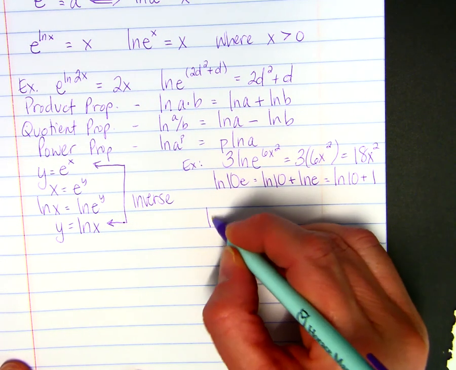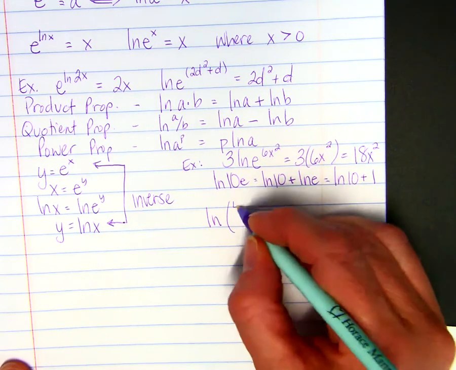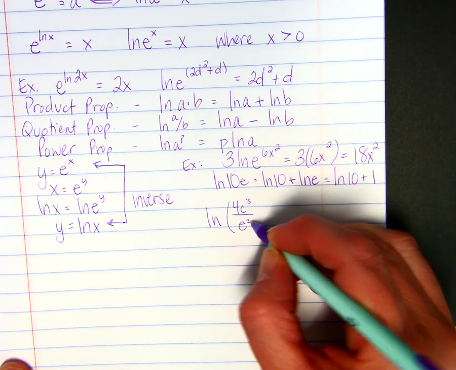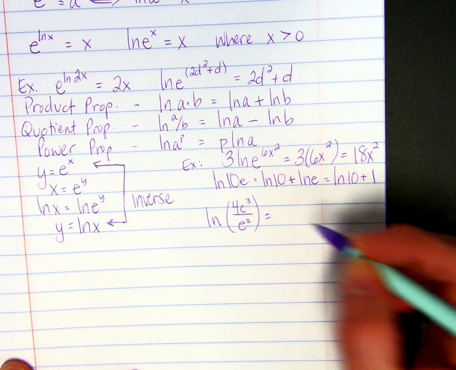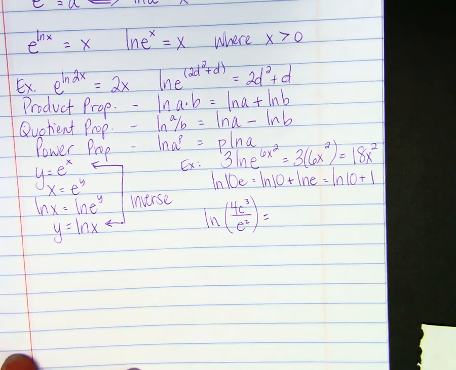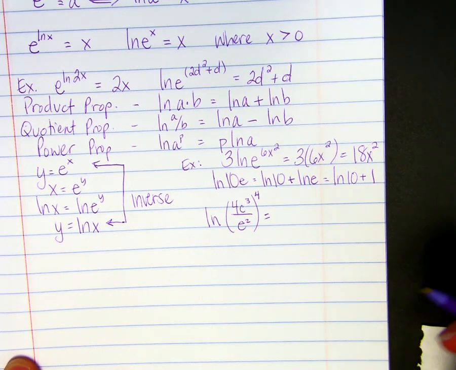Then if we have a quotient, natural log of 4c cubed divided by e squared. Sorry, I meant to raise it to the 4th power.